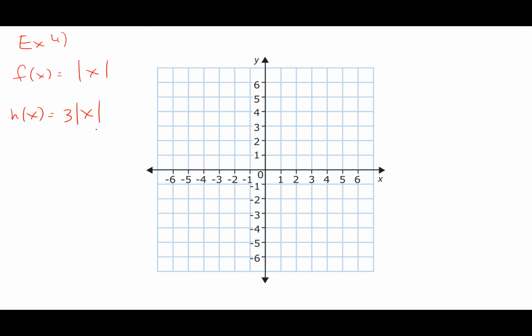And then we'll see if I have time for one more. Okay, cool. Absolute value, we know what that is already. This is going to be, you guys talking horizontal or vertical? Vertical. So V for vertical. And then this is a stretch. Is that right? Yeah, so ST for stretch by 3 times.